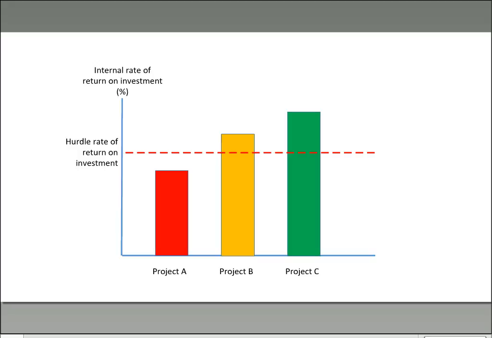Whilst project B and project C do achieve the hurdle rate, clearly the rate of return achieved by project C is greater than project B, so given that we're allocating scarce resources, project C would be preferred to project B. This all comes down to risk and return and to opportunity costs.